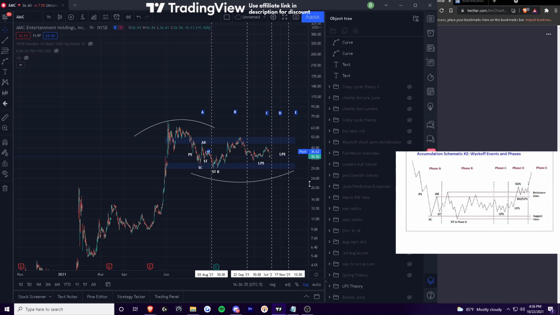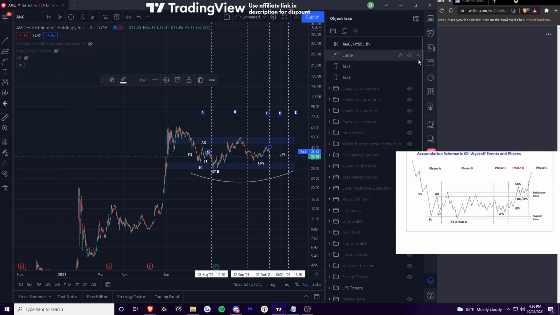If you were the composite man, it seems like the more profitable side of the trade would be the bullish side, in my opinion. But obviously, everybody's entitled to their opinion, and that's why I'm entertaining this idea to begin with. Anyway, let's bring his schematic back up. And I'll just take this off.